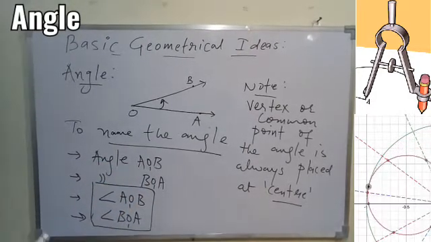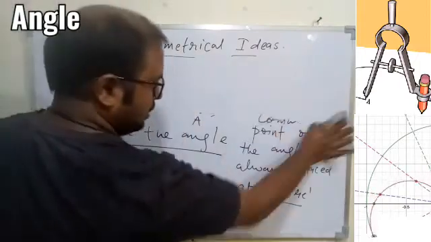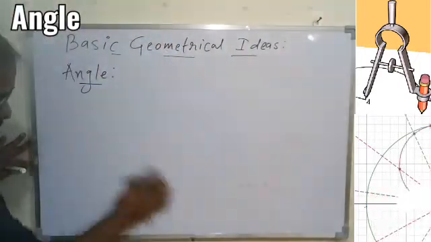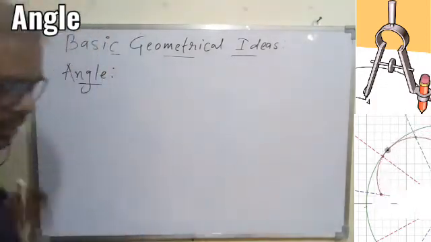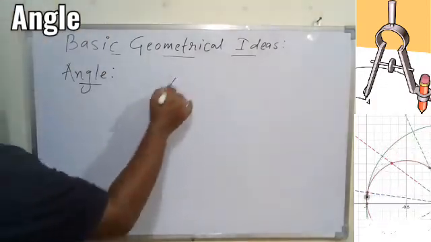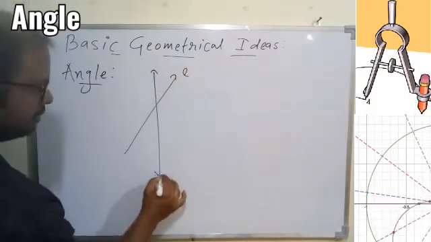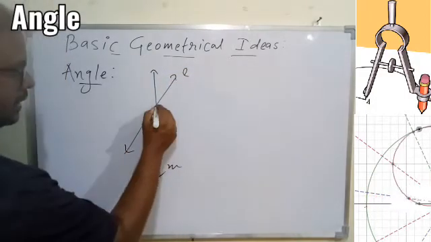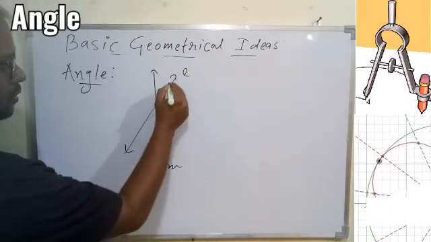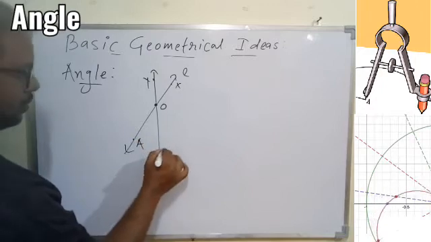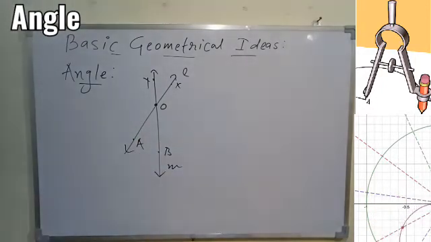I hope you understood this much: the meaning of angle, how the angle is formed, and how to write the angle also. Now if I draw two different lines, L and M, and let the intersection be O, and let the points be X, Y, A, B. How many angles do we see?